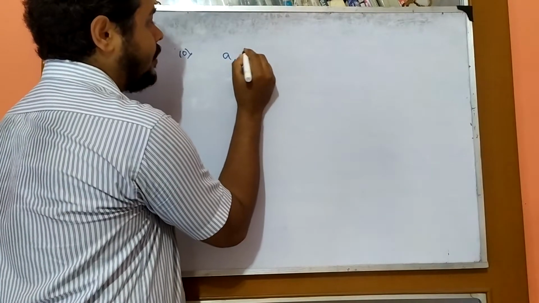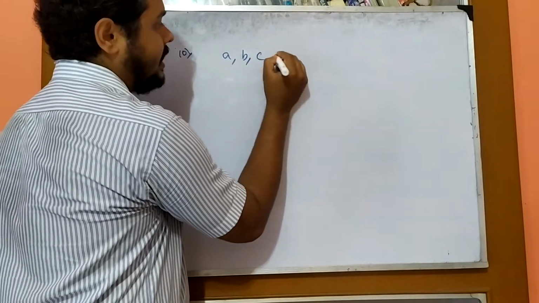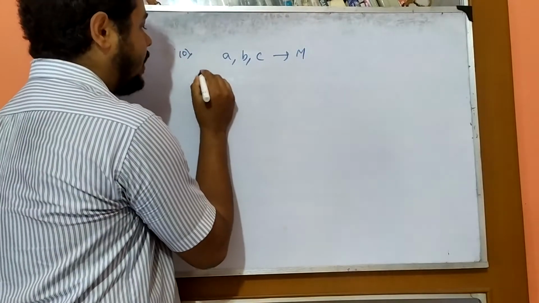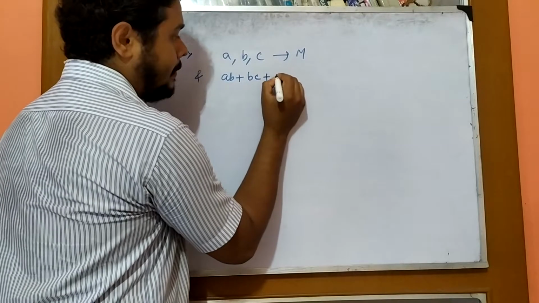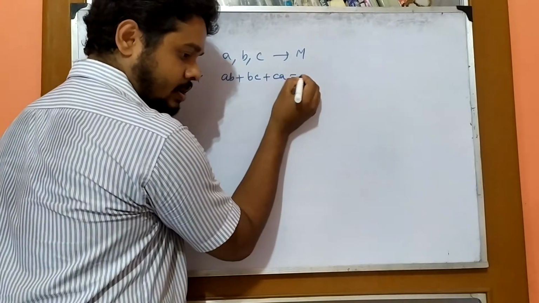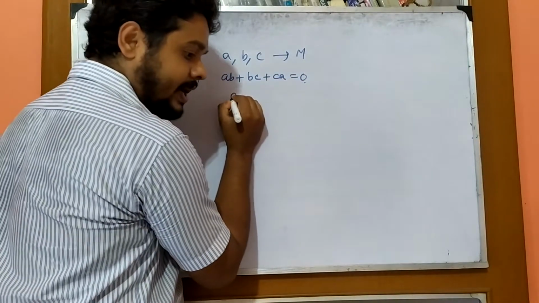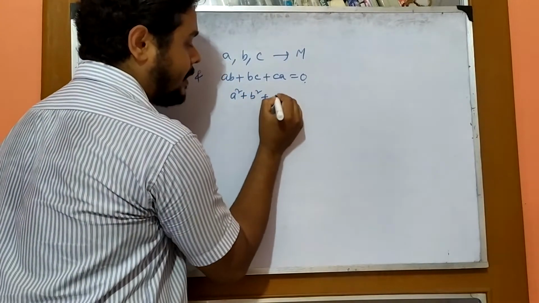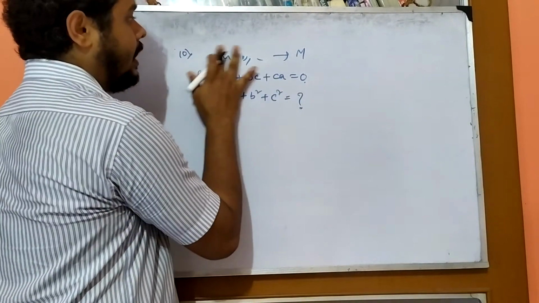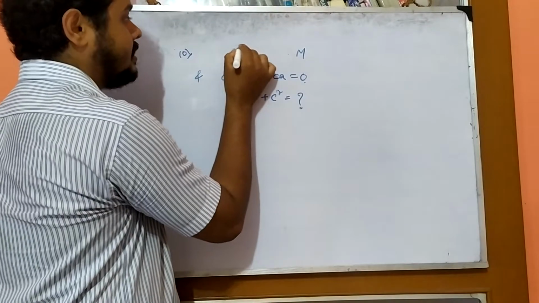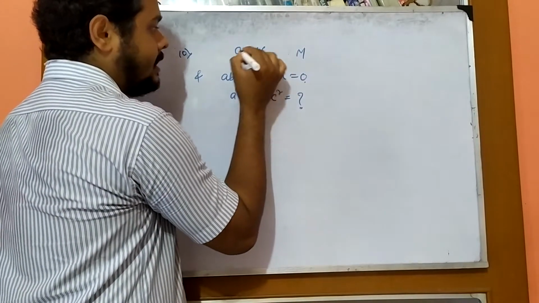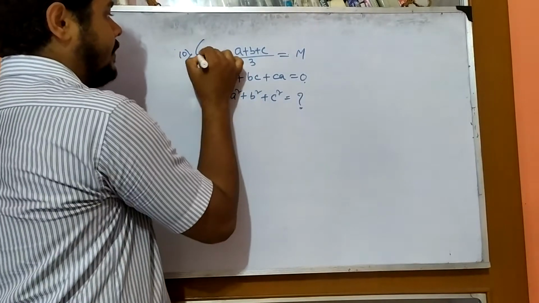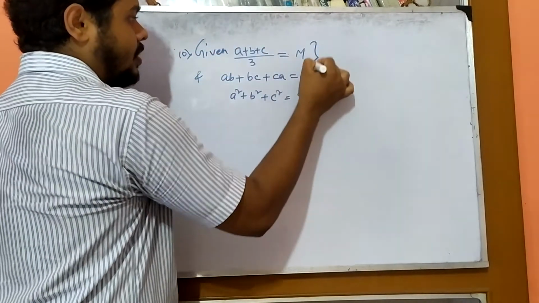The mean of A, B, C is m, and also given AB plus BC plus CA equals 0. We have to find A square plus B square plus C square. The mean of A, B, C means A plus B plus C by 3 equals m. These 2 conditions are given.